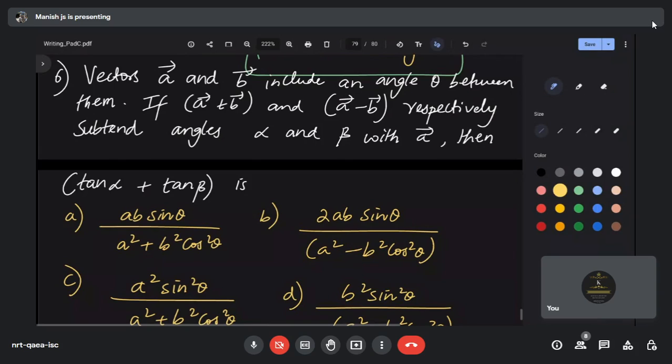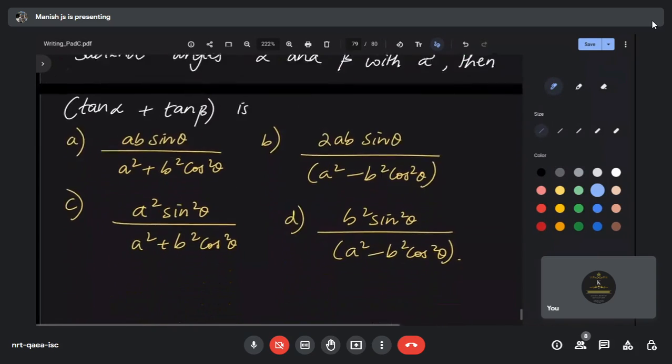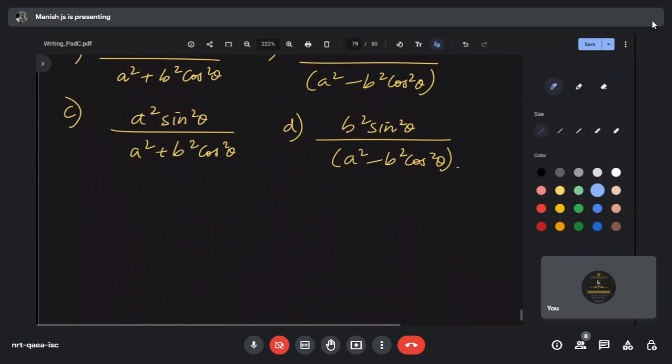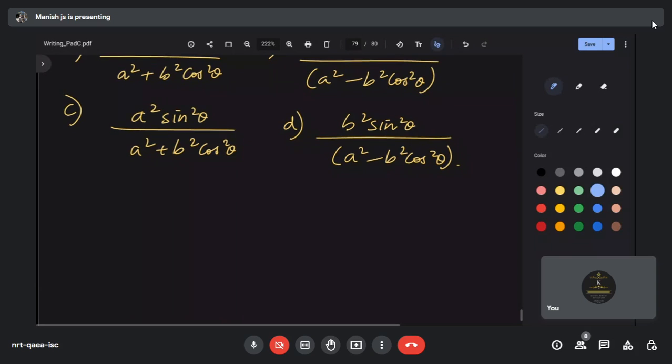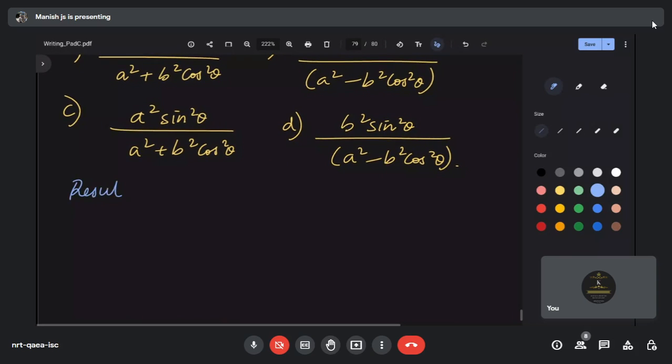Yes, what is the relationship that you are getting? What is tan alpha plus tan beta? So first, this is a vector application. This is the parallelogram of vectors, the resultant of vectors concept. What is the formula for the parallelogram law of vector addition? Root of r1 square plus r2 square plus 2ab cos theta. What is the resultant of vectors in the parallelogram law?